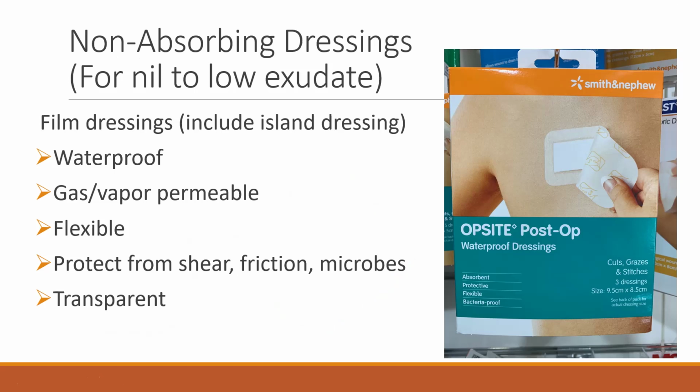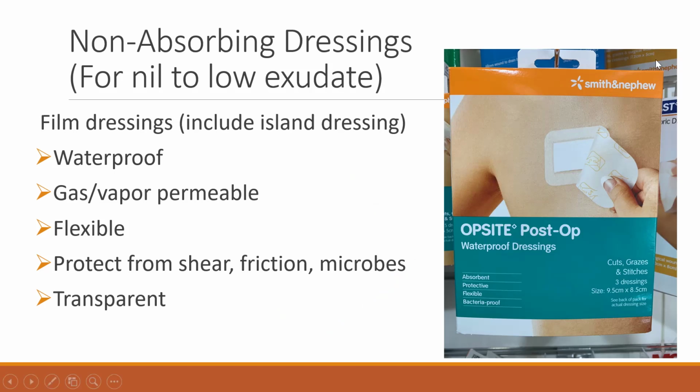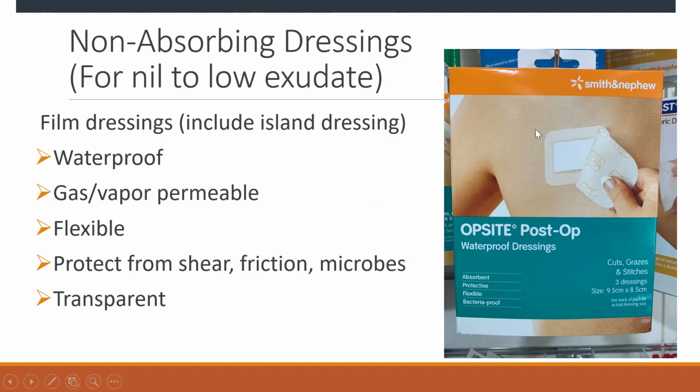And what is non-absorbing dressing? For this type of dressing, it is normally for low exudate, when the wound has less discharge, we use this kind of dressing. We call it film. It's a film dressing. The first good thing is it's waterproof.